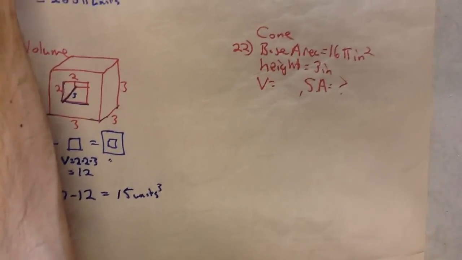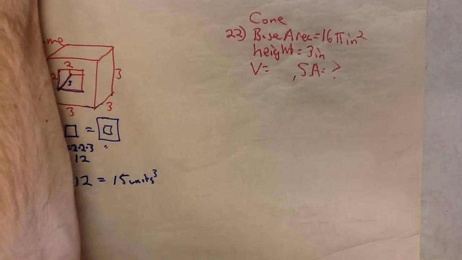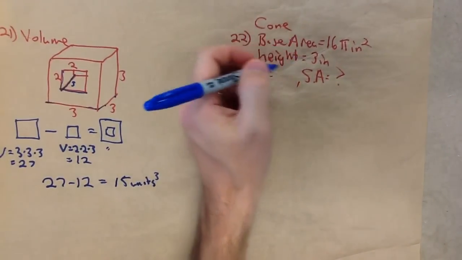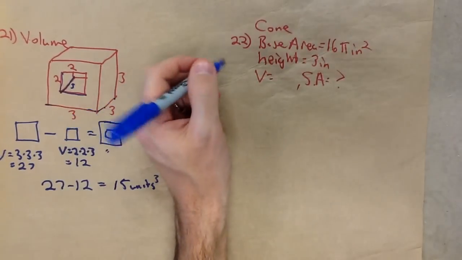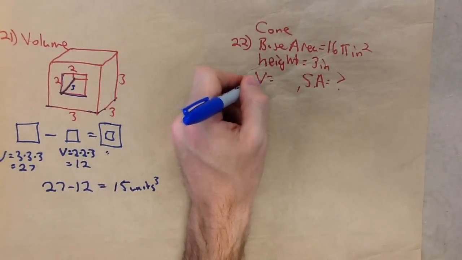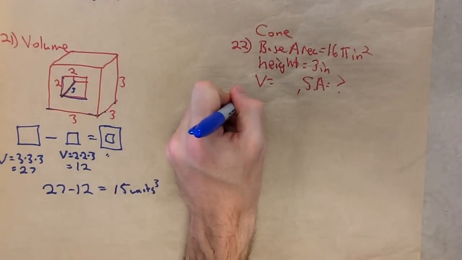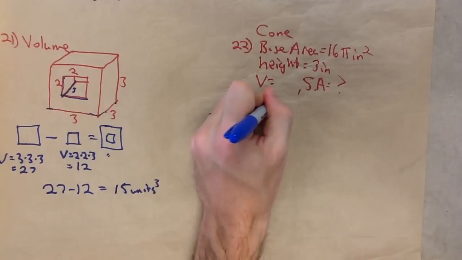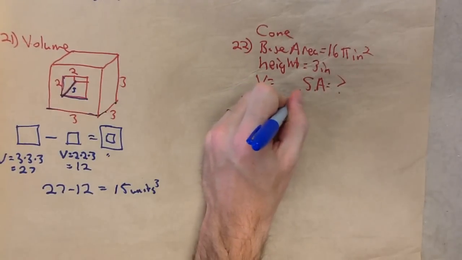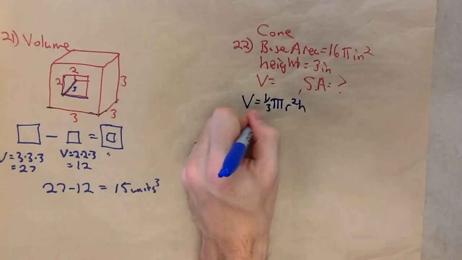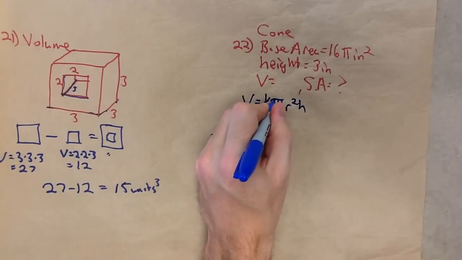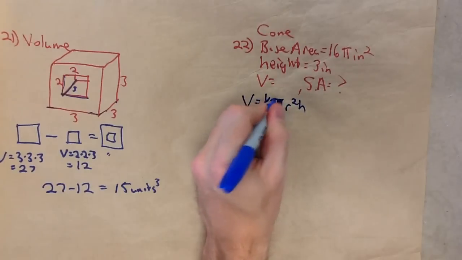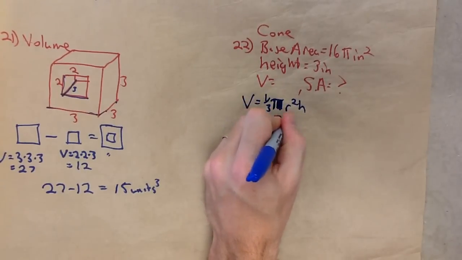In 22, I need to calculate the volume and surface area of the cone when the base area is 16 pi and the height is 3. So let's look at a volume formula. In volume of a cone, we normally write it 1/3 pi r squared times height. But really, it's 1/3 base area times height.